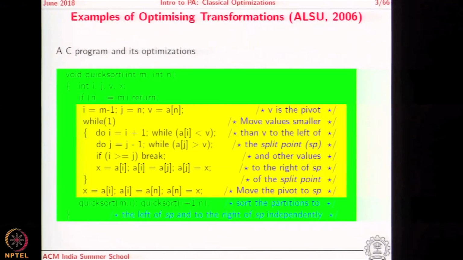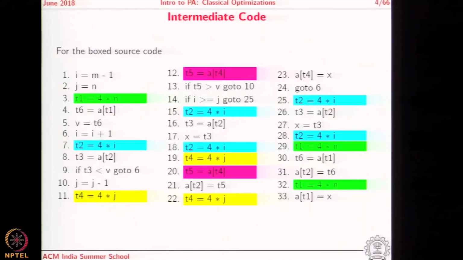For example, after these three assignment statements there is a while loop. Where does that while loop appear? There is nothing that indicates it, but somewhere there must be a go to 6. So, statement number 24, from 5 to 24, is the do while loop.